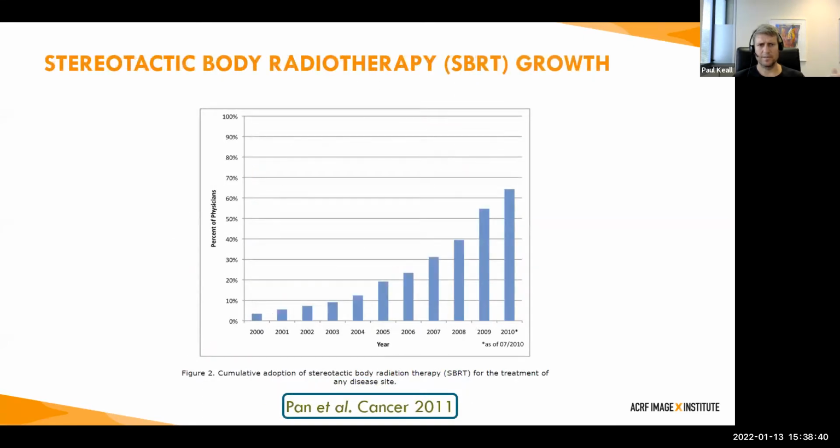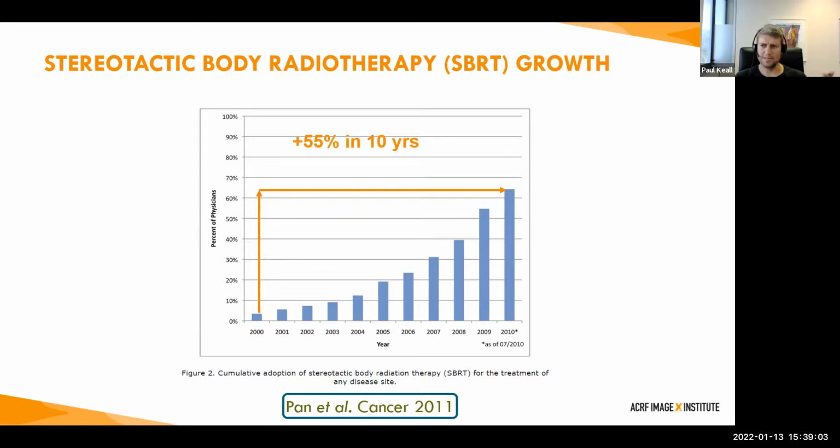Similarly, with the growth of stereotactic body radiotherapy, in which there are increased accuracy requirements, using fewer treatments with much higher treatment doses, again there's quite a large change over a decade.